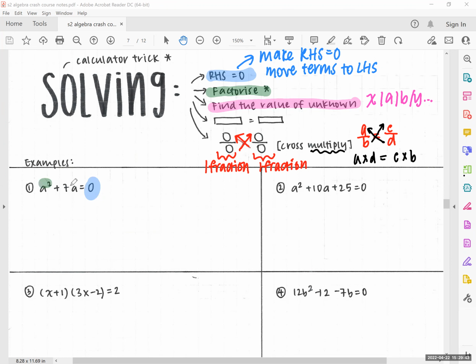Is this factorized? Yes or no? No, it's not factorized. So how do we factorize? We cannot write equal. Equal is always in the middle. So what do we write? So we satisfy condition 1 and condition 2 already, right?